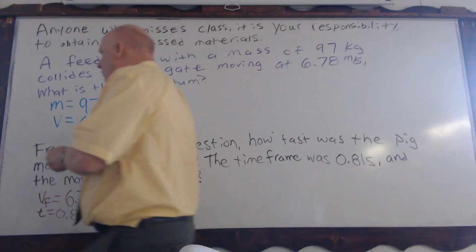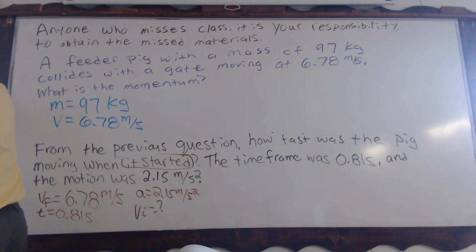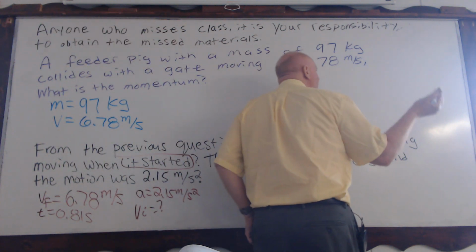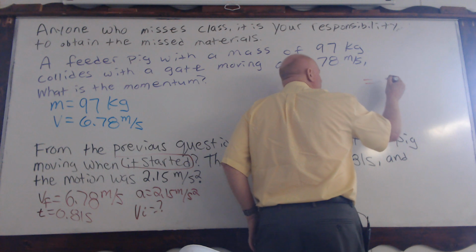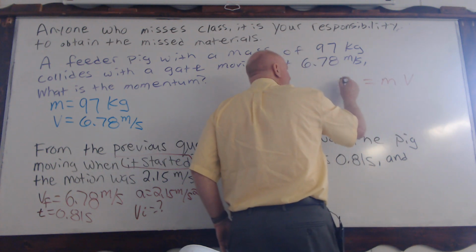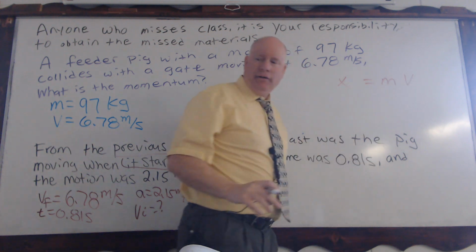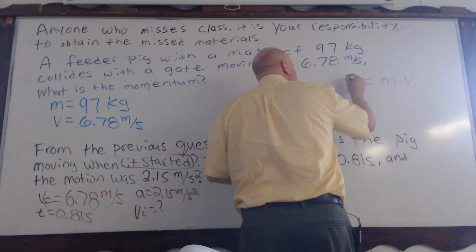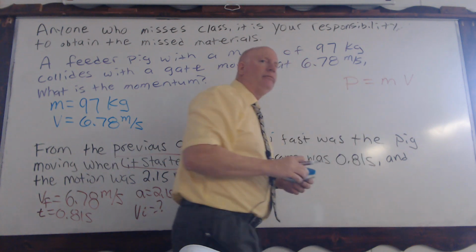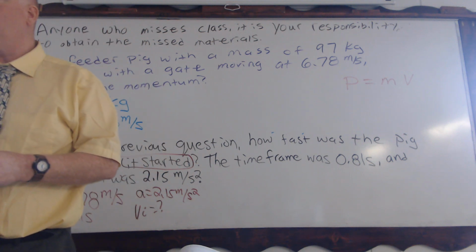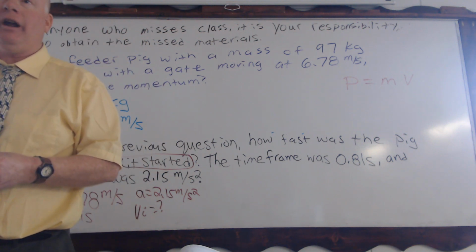So on your formula sheet, we want you to write the letter. You can use anything that you want. For instance, you can use X, you can use Y, or what the author says, the letter P stands for momentum. I would suggest that you don't use the letter M for momentum.